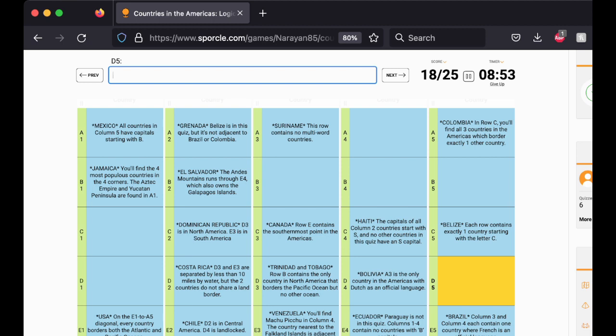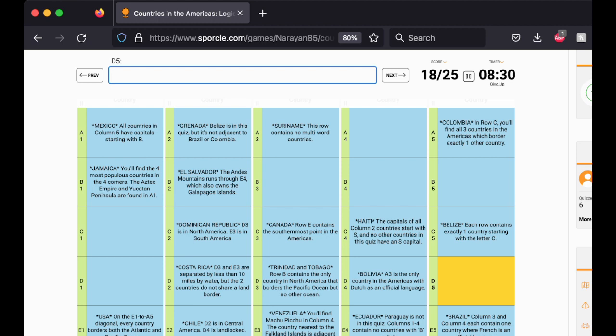Trinidad and Tobago. Okay, row B, that's S at this point.